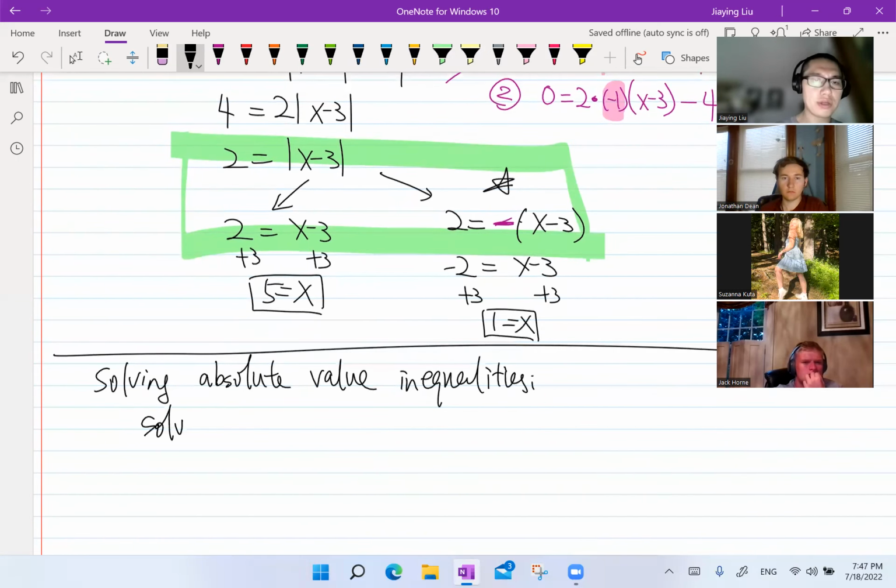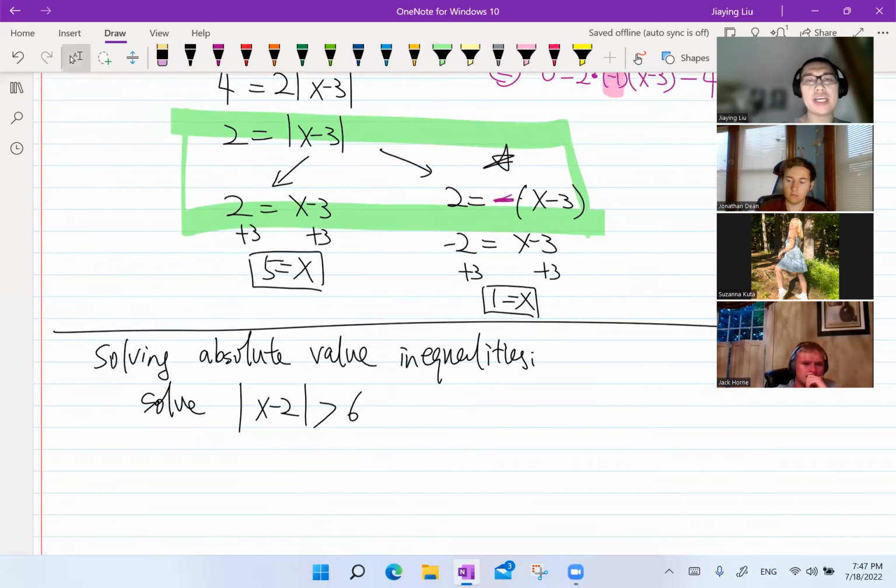To solve absolute value x minus 2 greater than 6, we can either look at the graph, or we could just try to solve it. Again, just like before, if we have an absolute value inequality, we're going to write down 2 equations.